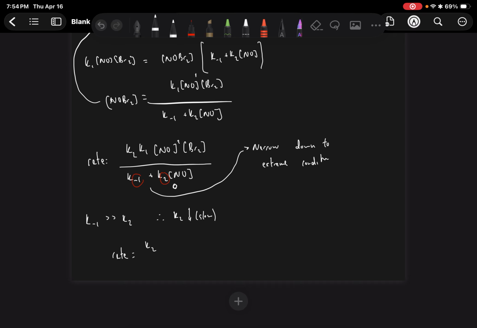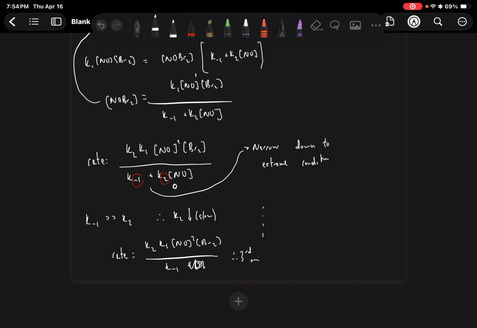But we don't take away the other k2. I don't know. We're just going to keep on going with what we have. I should probably watch the video. So what we're going to be left with is a 1, 2, 3 order reaction. This is a third order.